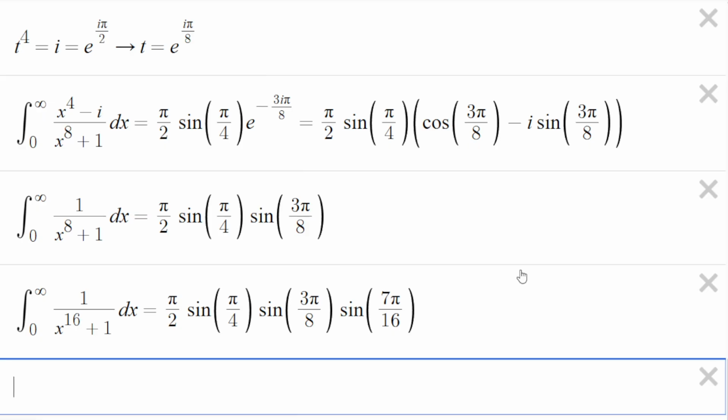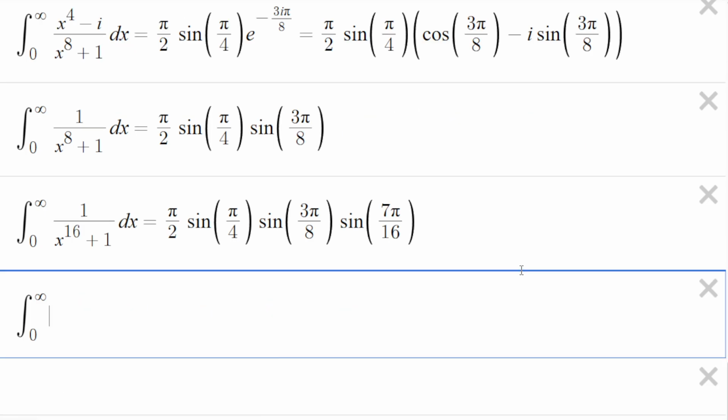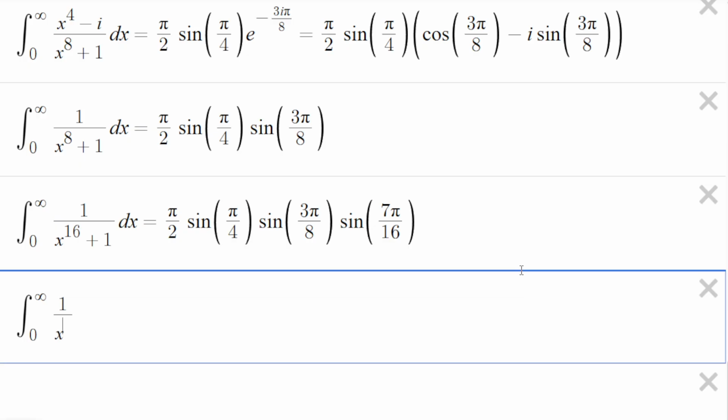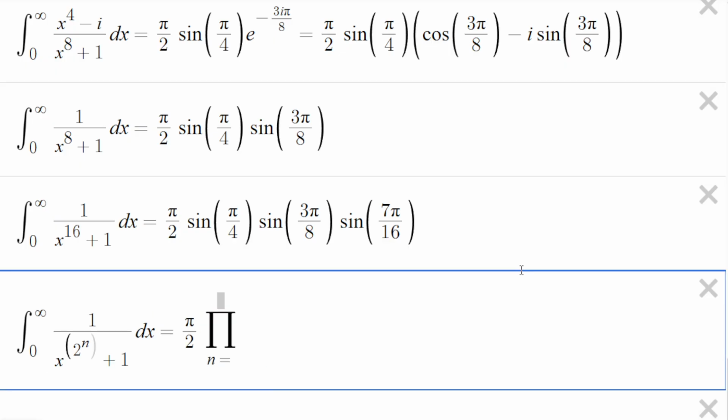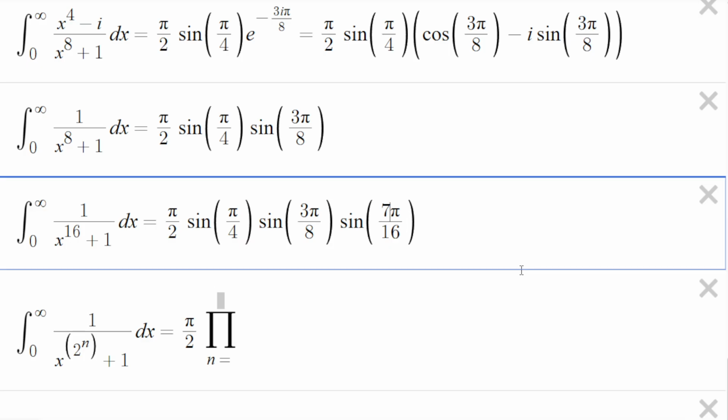So, let's define this integral from 0 to infinity of 1 over x to the 2 to the n power plus 1 dx. Well, that's equal to pi over 2 times the product, as, let's see, we have four terms in our original one. And where does our index start?